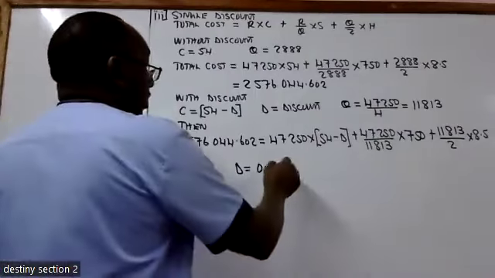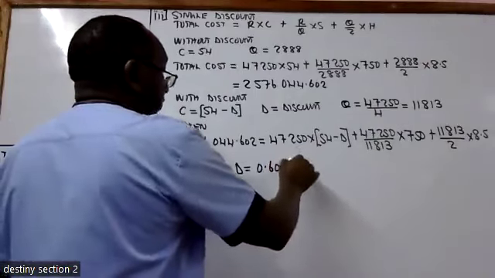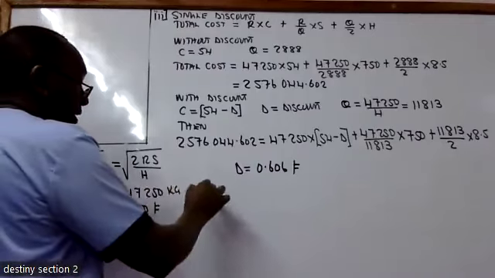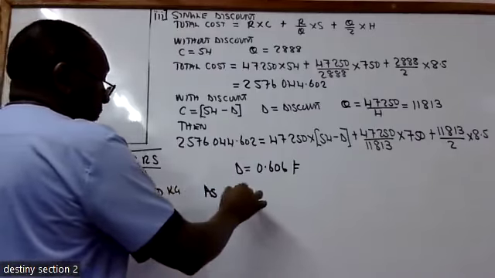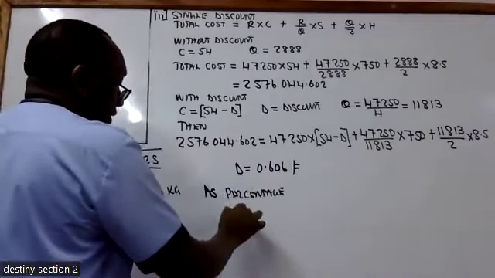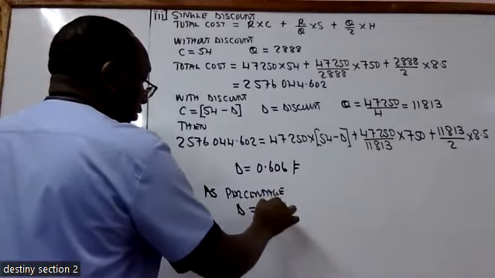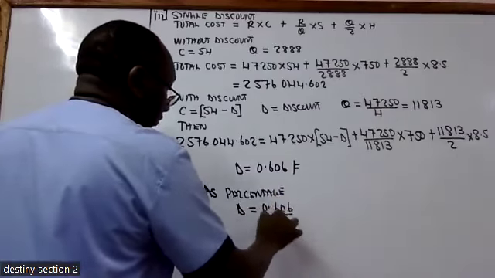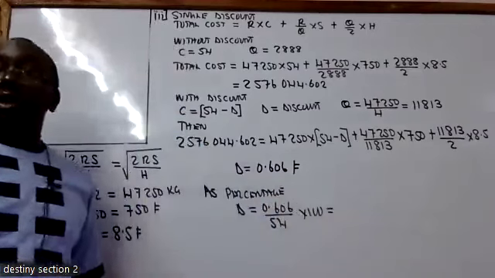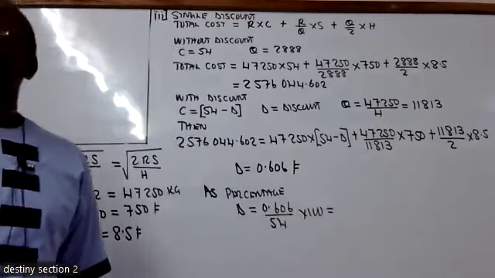So this is now in shillings. If you want to express it as a percentage, the discount will be 0.6 out of 54 times 100.